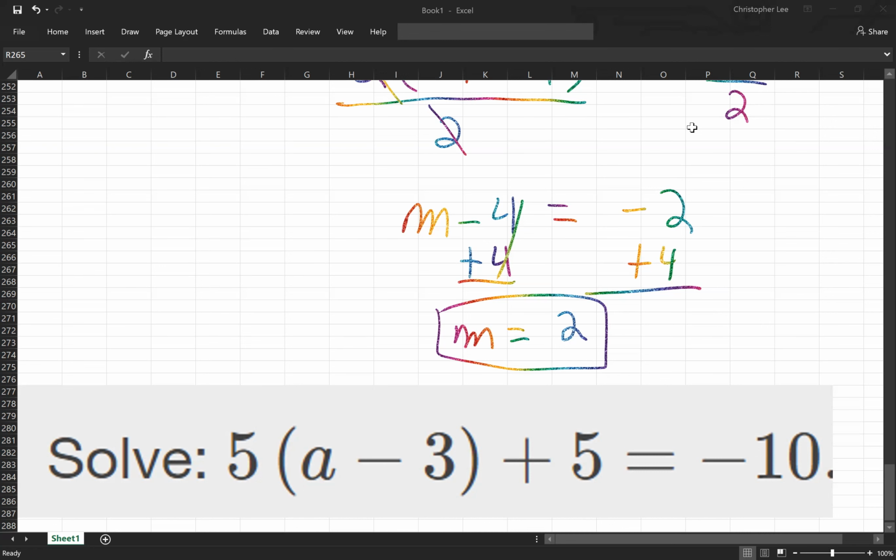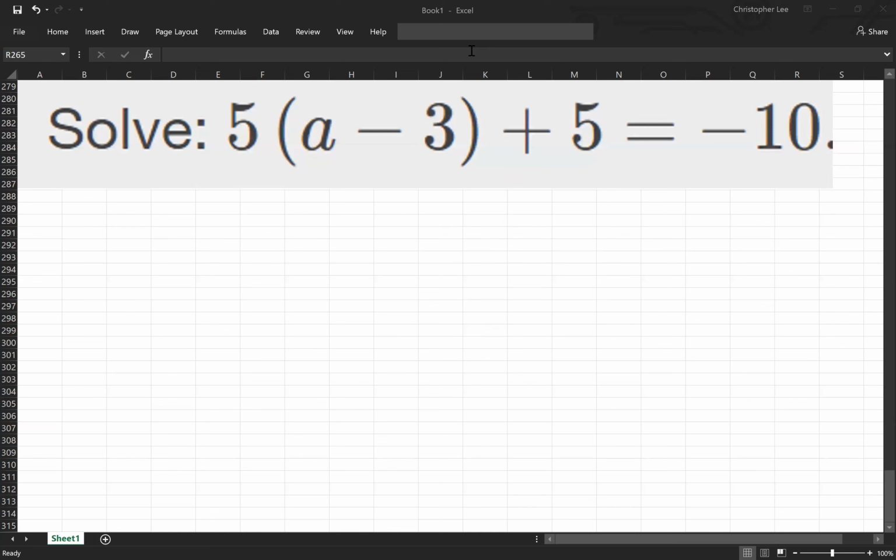Alright, how did we do? Let's take a look real quick. In this situation, I want to solve for A. So I'm going to push all the numbers onto one side and leave A by itself.